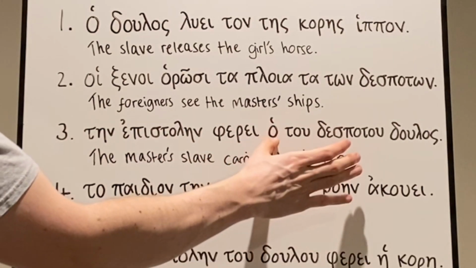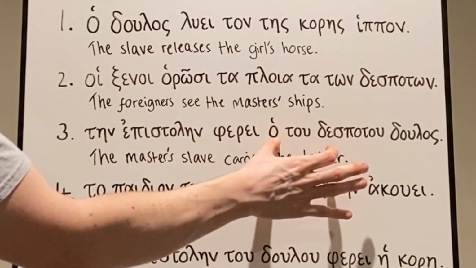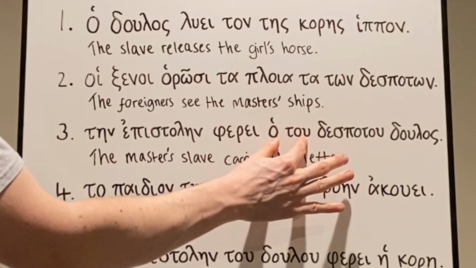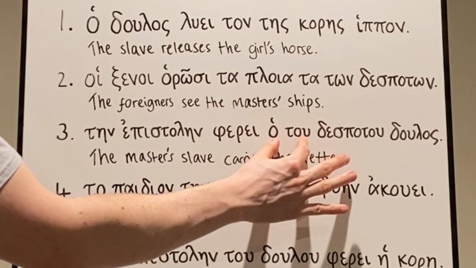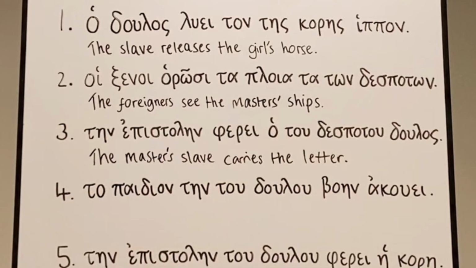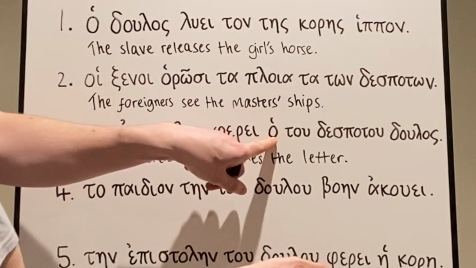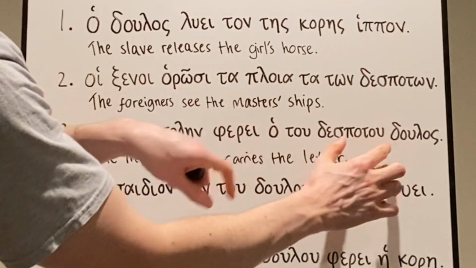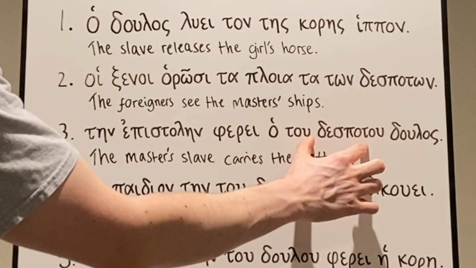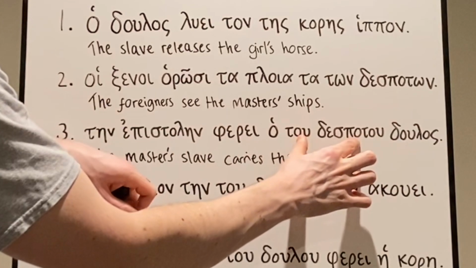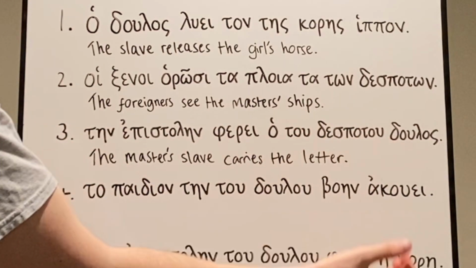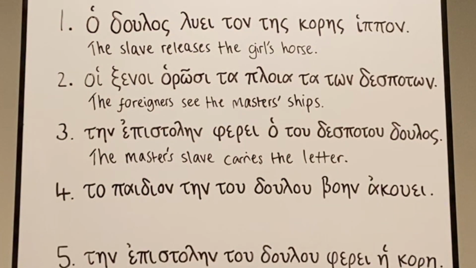And then we had a masculine nominative singular definite article next to a masculine genitive singular definite article. And we don't have any repeated definite articles, and so we know this must be a genitive sandwich, and so we know ho is going with doulos, and tou despotou has been sandwiched in the middle. So ho doulos means the slave, tou despotou means of the master, or in other words, the master's slave.